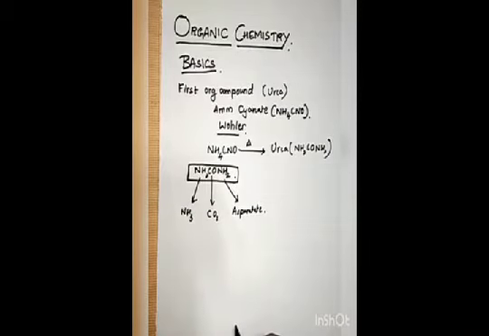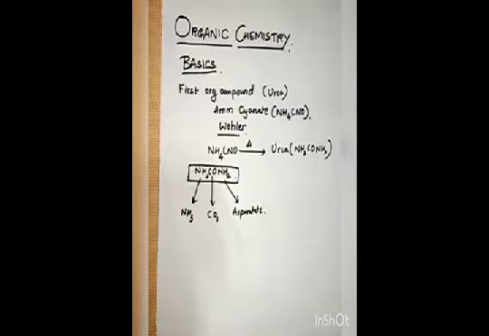Next thing which we'll be talking about is a general formula or a concept which can be remembered so that it will be easy for you to get to know about the configuration and the bonds of a carbon in a carbon chain. To easily get to know about the bonds, the configuration, the shape, and the bond angle of a carbon in a carbon chain, you can use this table.